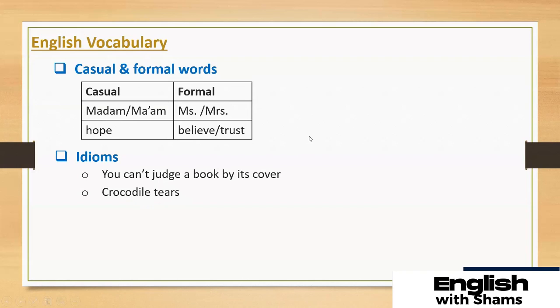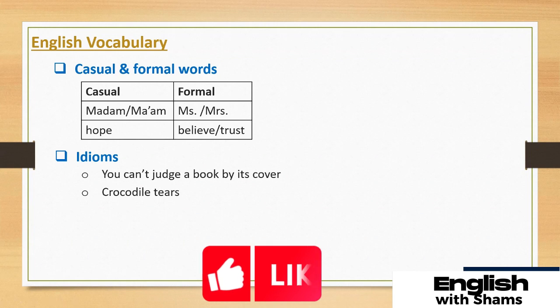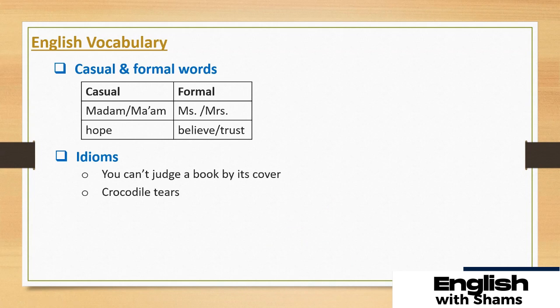Crocodile tears, right? So the best way of learning is to learn English in English. Then only you become fluent in English. So you need to interact. We need to make sure that during this session we interact.